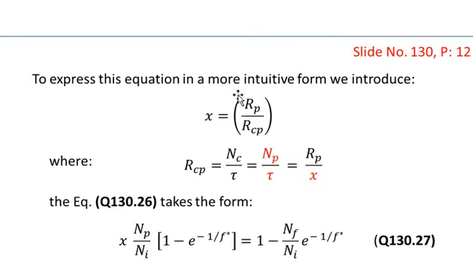To express this equation in a more intuitive form, we introduce x is equal to Rp over Rcp, where Rp is the pump rate at time t and Rcp is the critical pump rate.